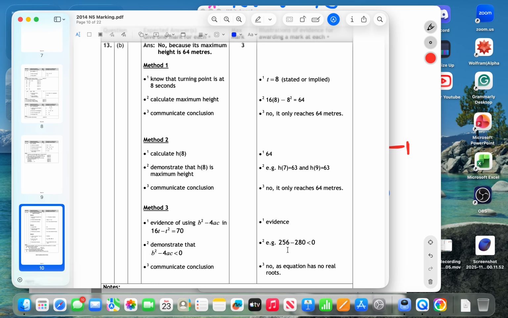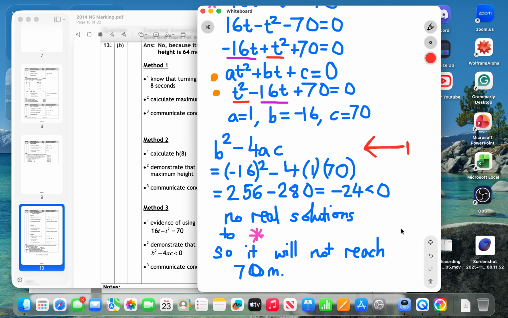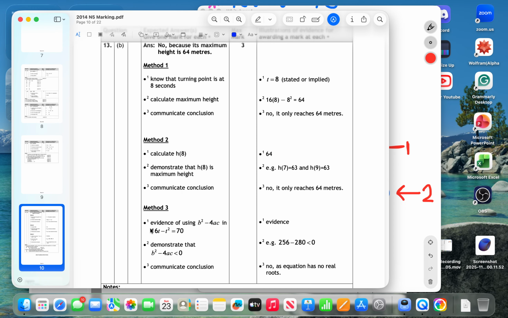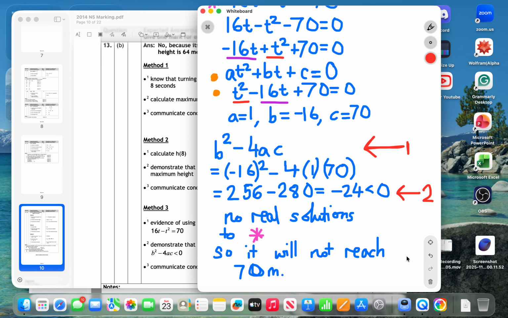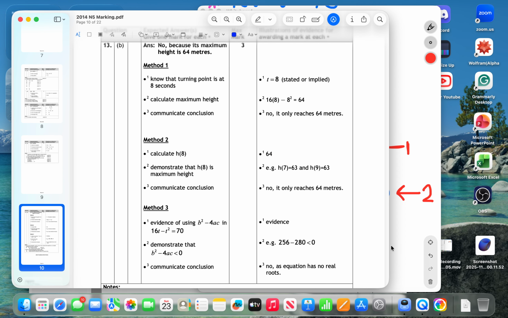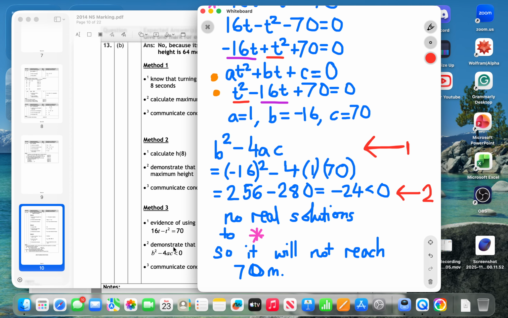Second would be for finding the discriminant and making it clear that it's less than 0. So you have to show that the discriminant is negative. If you do that, you get 2 marks. Even if you get the discriminant wrong, knowing to use the discriminant in that equation is 1 mark. And we have no real solutions or no real roots, so that would be the 3rd mark.